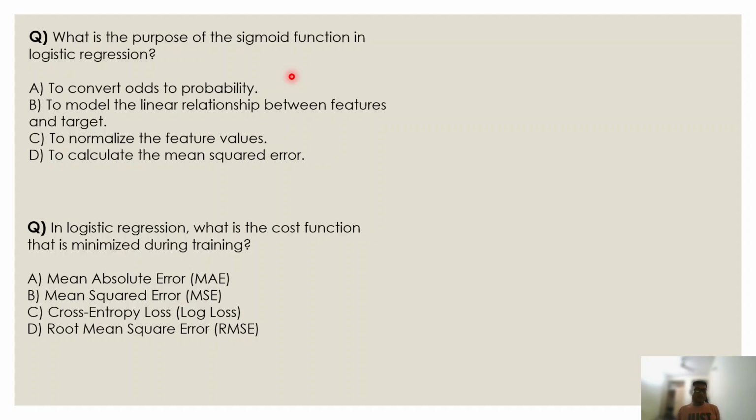Yes, you are correct, to convert odds into probability. That is the main purpose, because you don't want anything from minus infinity to plus infinity. It is difficult to store such values, among other problems. It is very good to have the range between 0 and 1, as that helps to interpret it very easily.